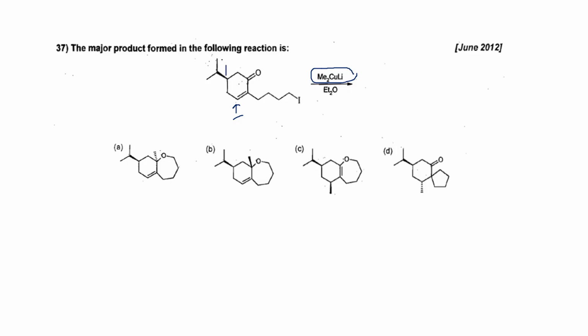Now this is already above the plane, so obviously the upcoming methyl group will come from below the plane. It will attack and generate a negative charge here.